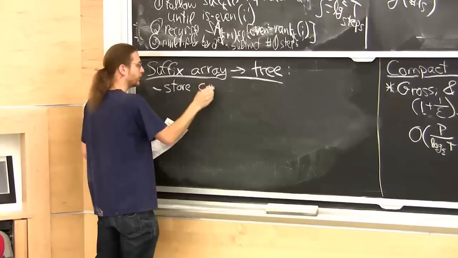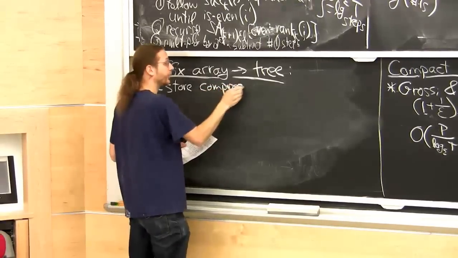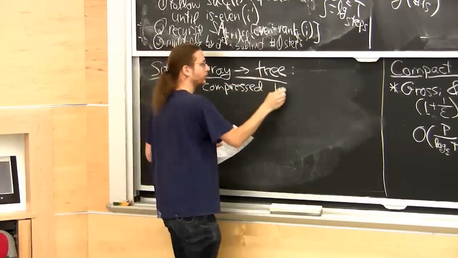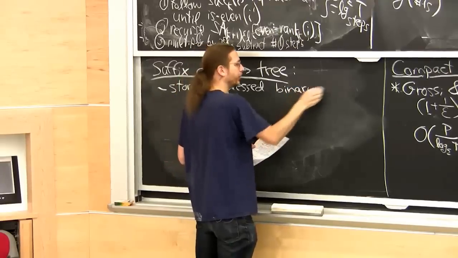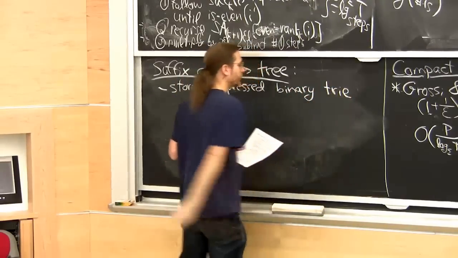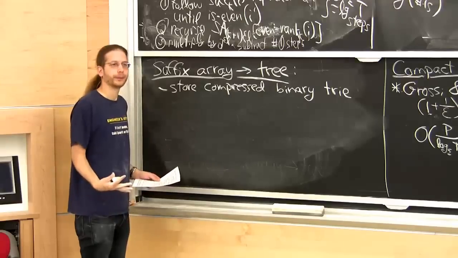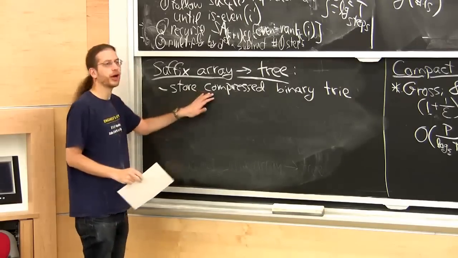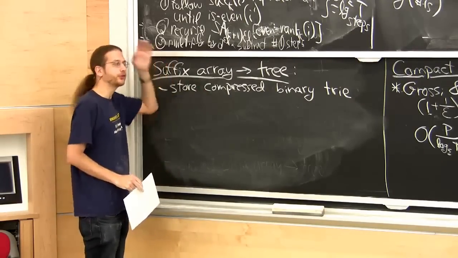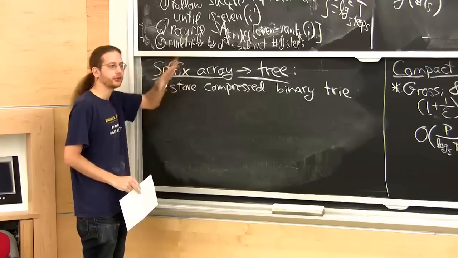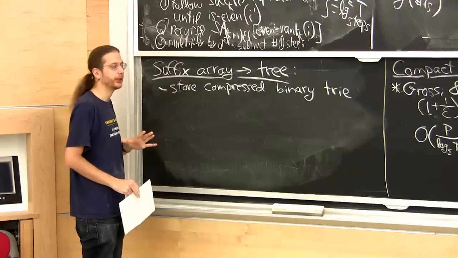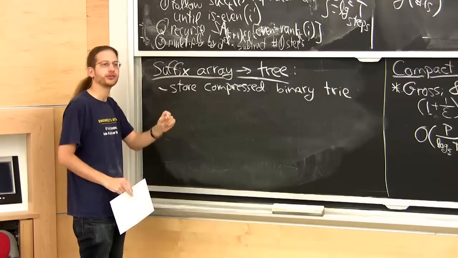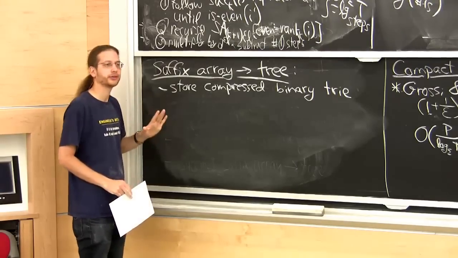Store compressed. We're going to assume a binary alphabet again, as this paper does, I believe. Store the suffix tree, but only store the trie part of it. A suffix tree really consists of a trie, a binary trie if it's a binary alphabet, plus lengths on the edges. Don't store the lengths.